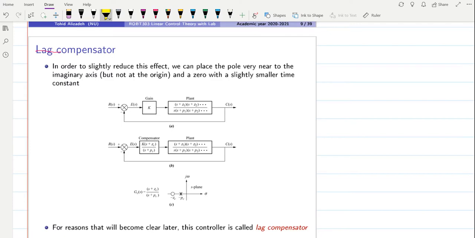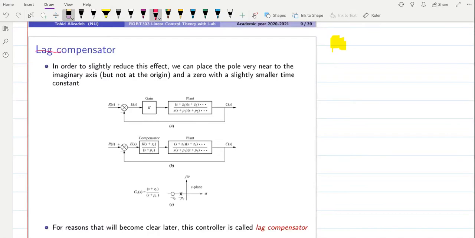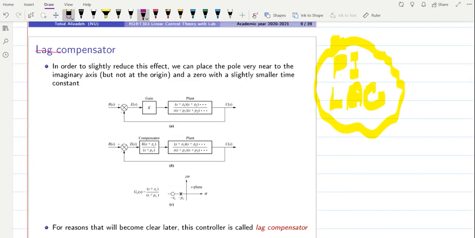So the basic idea in designing the PI and lag controllers is that we keep the Root-Locus of the system as similar to the original one.